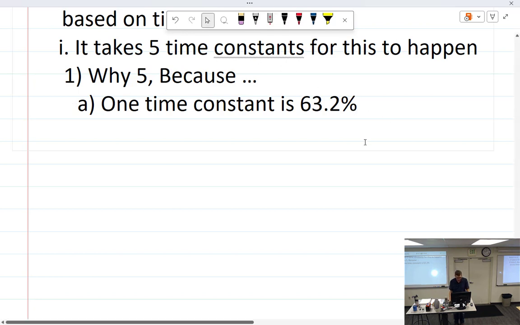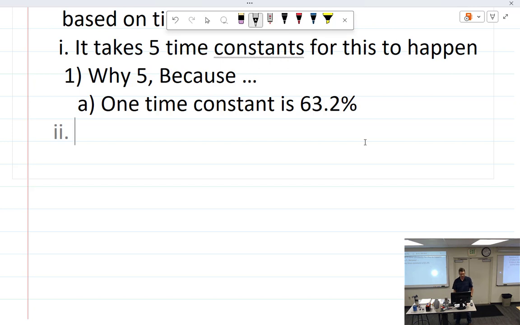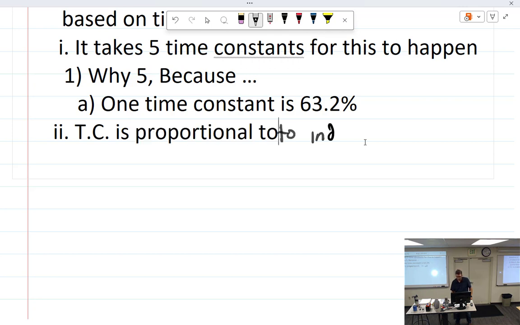I'm going to come over here, and we're going to talk about something that is actually important. A time constant is proportional to inductance, which means that the more inductance we have, the longer it's going to take. It just takes longer 5s.